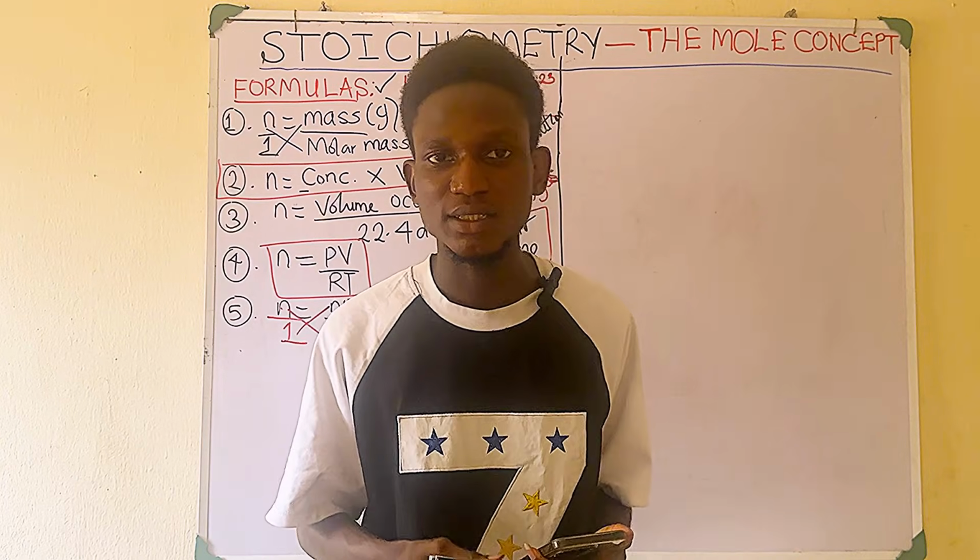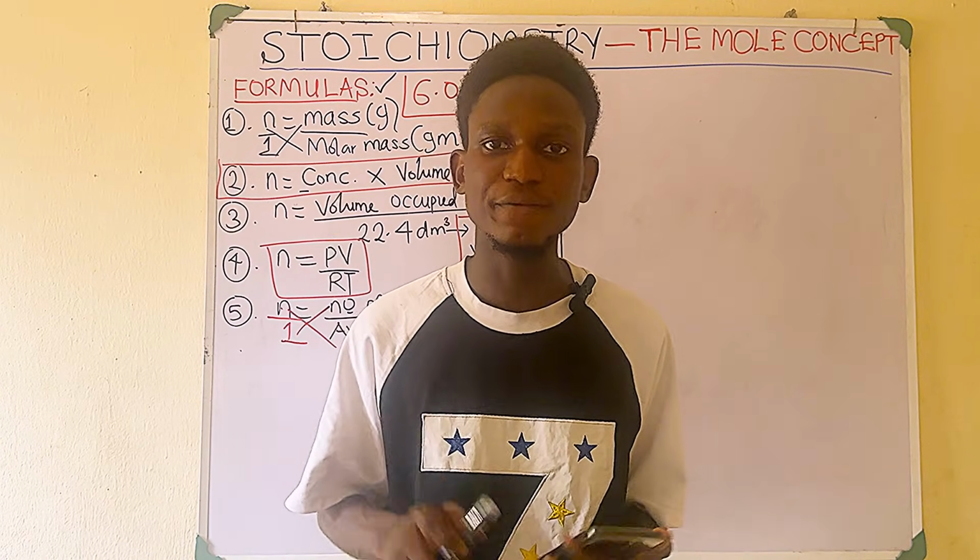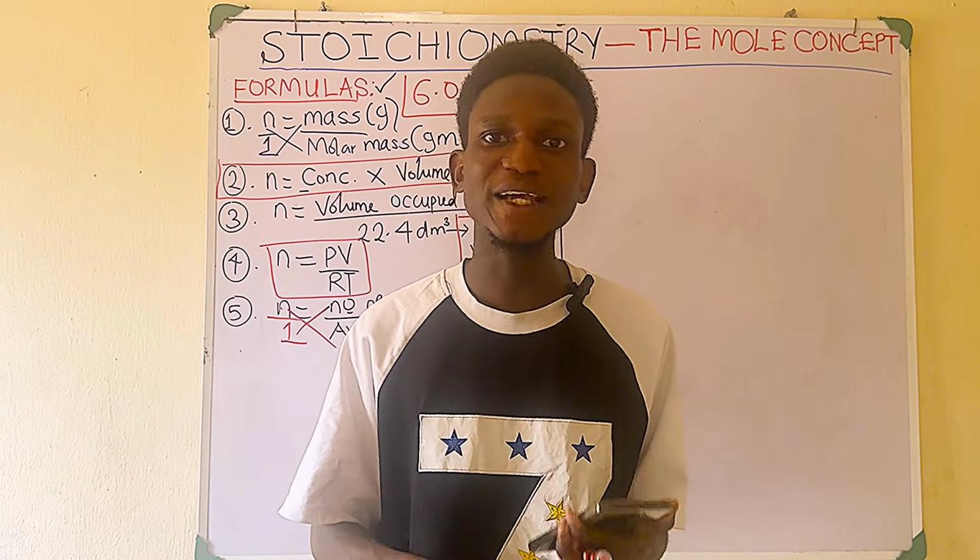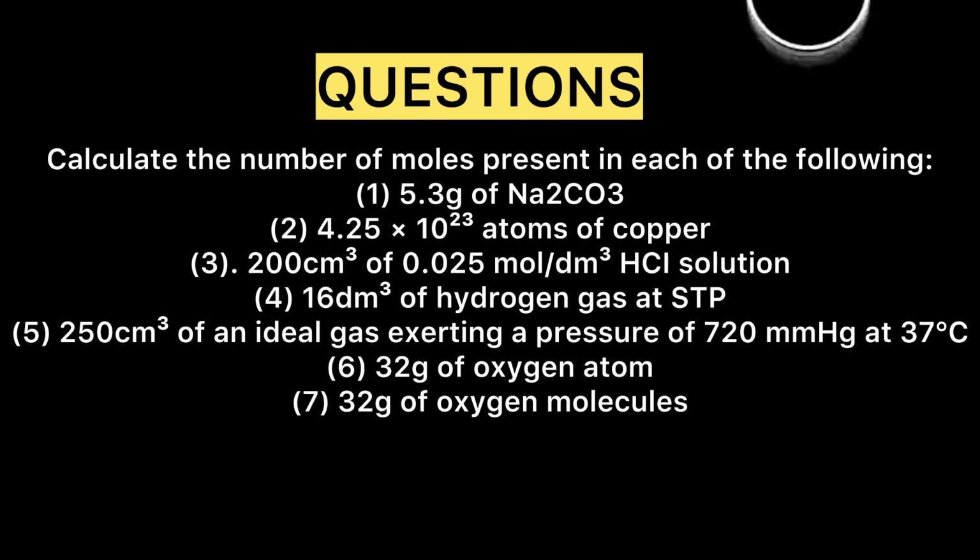It's time for business. We're going to be calculating the number of moles for different scenarios. So the first question should be shown on your screen. All the questions actually. We're going to calculate the number of moles in these 7 different questions. So the first one is 5.3 grams of Na2CO3, 4.25 times 10 to the power 21 atoms of copper.